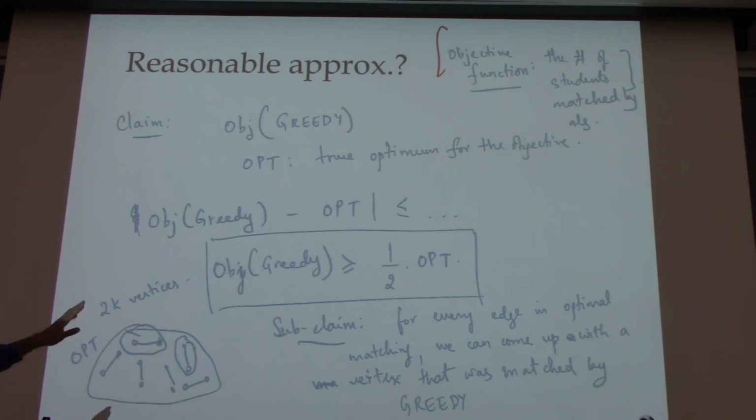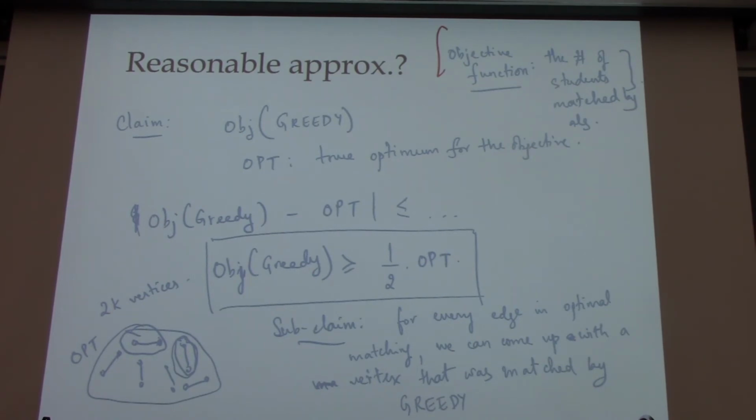So the idea is, take any edge in this optimal matching. I want to say that there is a vertex that greedy has matched. And the edge has two vertices, so it's natural to ask whether one of them is actually matched by greedy.